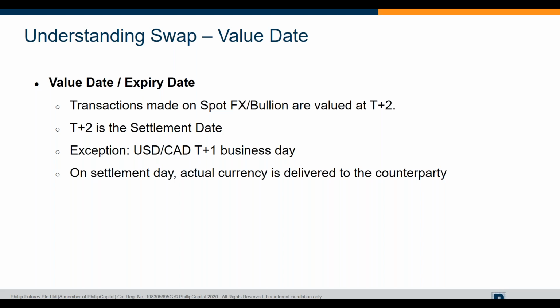There is an exception for USD/CAD, where the value date is only T+1, because they are basically in the same time zone, so T+2 wouldn't concern them as much. On the settlement date, the actual currency is delivered to the counterparty.